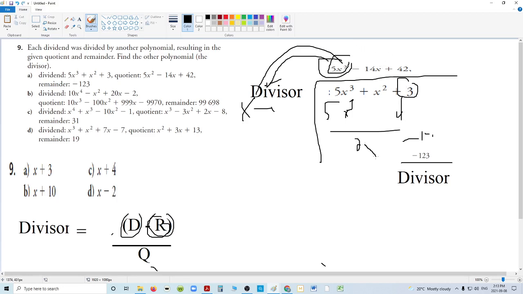So somehow I have to come up with 0x squared, and I'm using 5x squared, and it gets so hard to try to figure out what that thing is being added to x to produce that. It's almost impossible. So visually, trying to figure out what am I multiplying this by to get this with this remainder. Yeah, you can write it out like this.